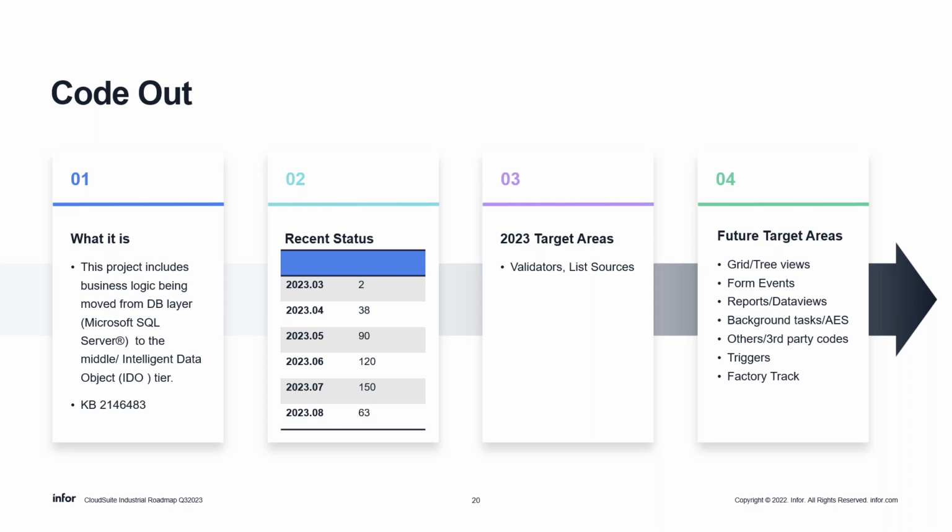But target areas that we continue to look at for 2023 are validators and list sources. And then future target areas will go from list sources to grid tree views, form events, reports and data views, background tasks, other third-party code triggers, and then factory track.